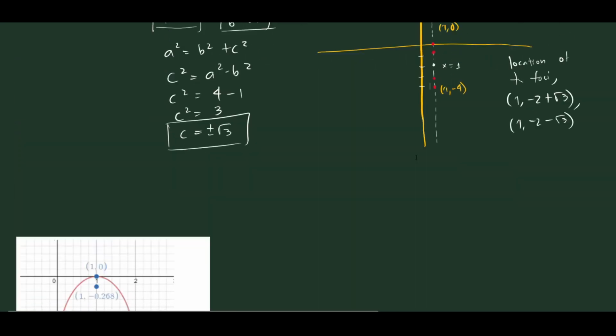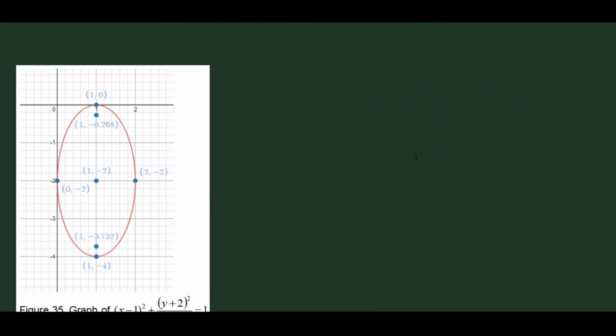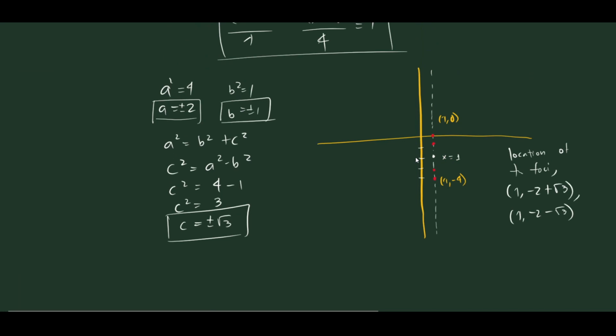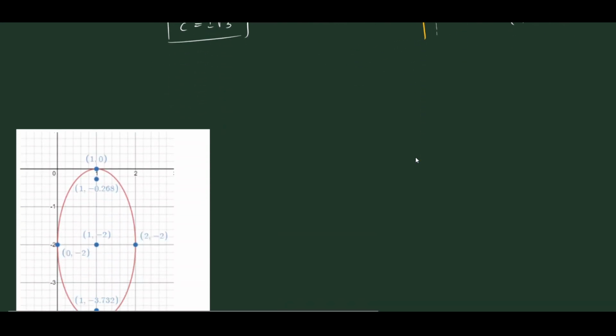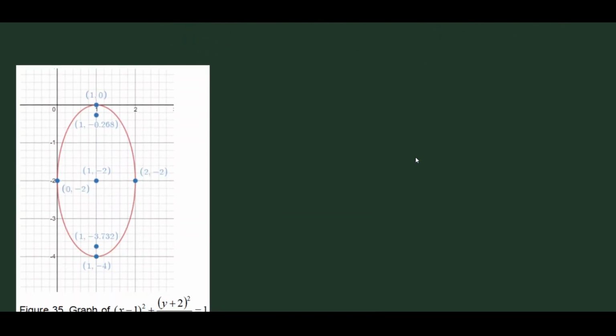And as you can see here, our b is the distance from our center to the co-vertex right here. So that's why the coordinates are 0, -2, and 2, -2.